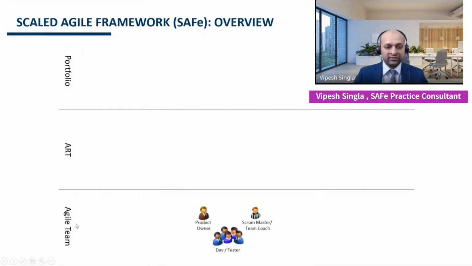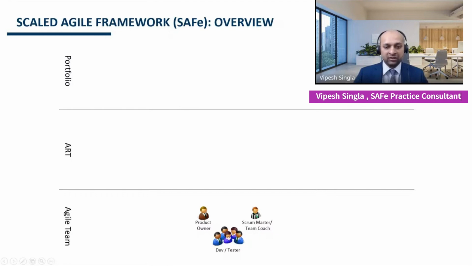Within an agile team, there tend to be three kinds of stakeholders, and two of these are named roles. The first named role is the product owner, and the second is Scrum Master slash team coach, and the rest of them are developers or testers.